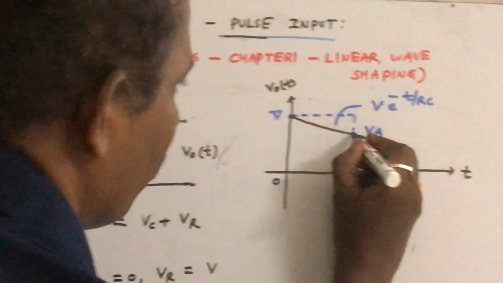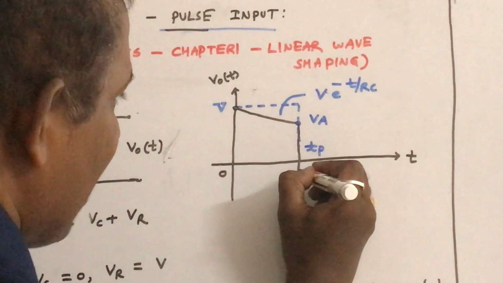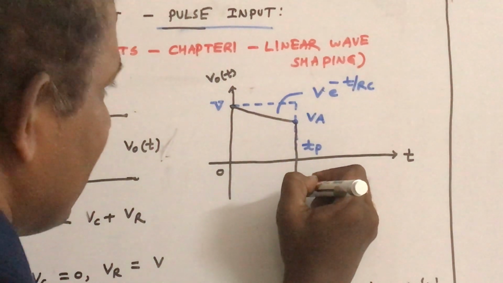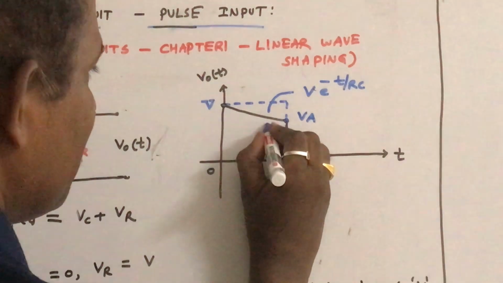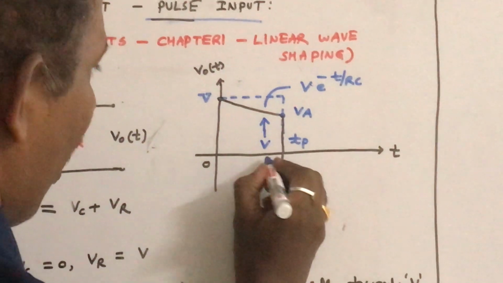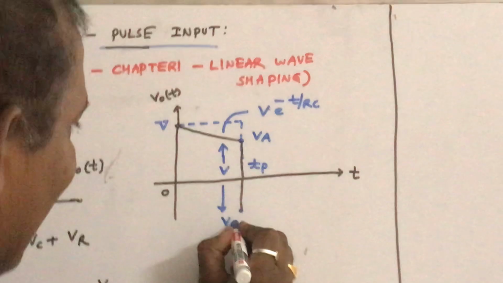So at t is equal to Tp, since the input voltage changes by V, and the capacitor voltage cannot change instantaneously, the same amount of change of V volts has to appear across the resistor. Let us call this VB.